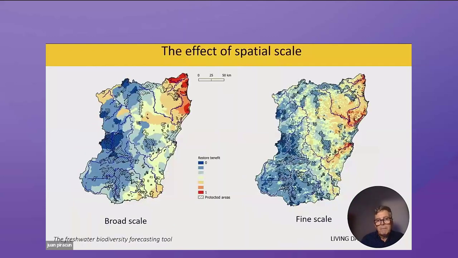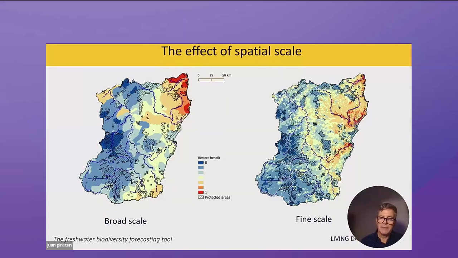When we compare the restoration priorities for the small area, the Northern Rivers region, this is a comparison between the outputs of the broad scale and fine scale model. What we see is that when we look, for example, at river valleys and protected areas, the fine scale shows greater nuance.